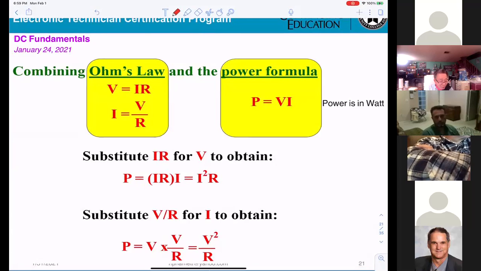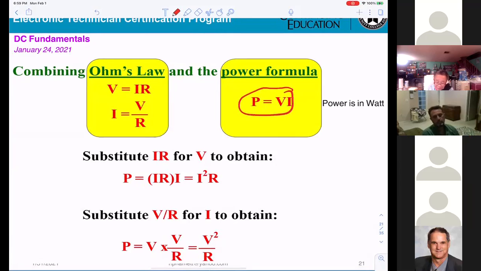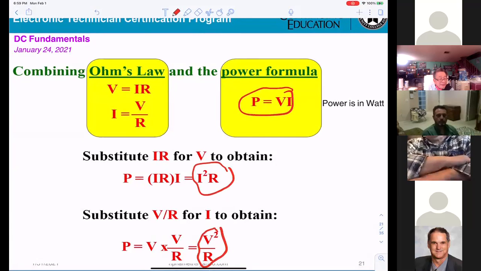Now we're talking about power. The power formula has a few different forms. P equals V times I. That's one formula. The next formula is I squared R. And the last one is V squared over R. So basically you get three formulas to calculate the power.